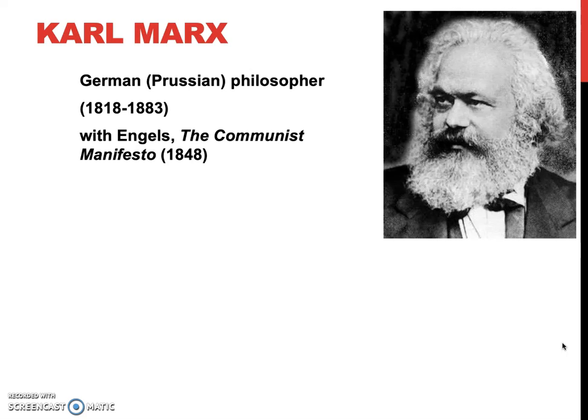Karl Marx was a social evolutionist. He was very much caught up in the idea that human society is evolving from a beginning to an end. But his steps in social evolution were very different from those of Lewis Henry Morgan and E.B. Tylor and some of the anthropologists we've studied.